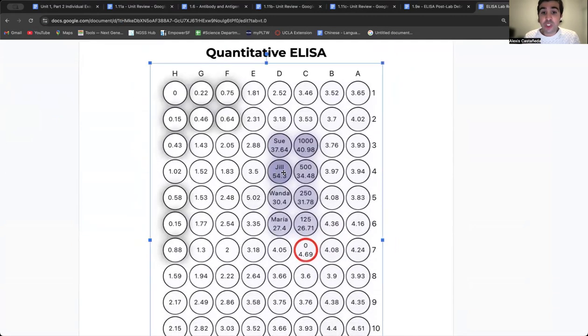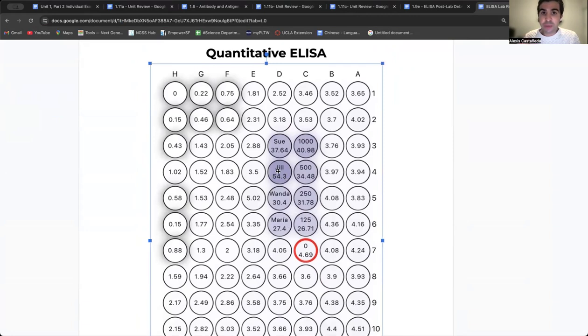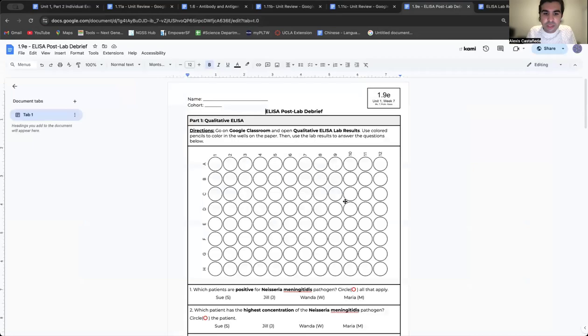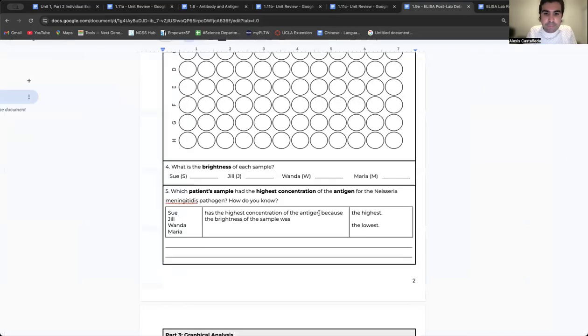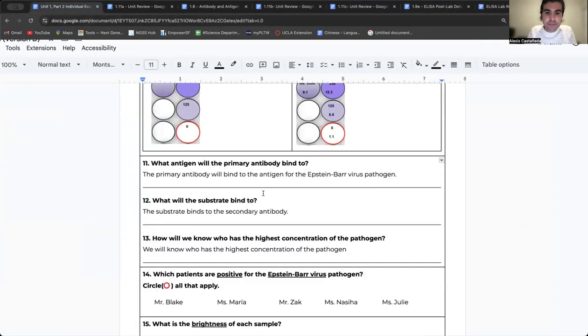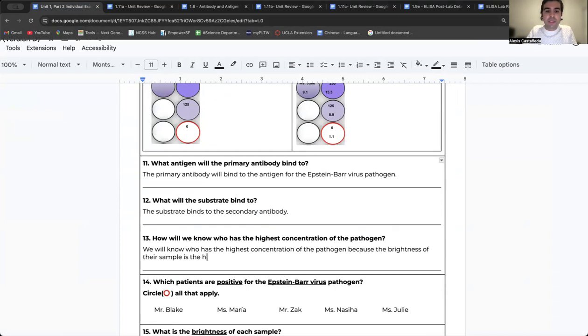We decided that was Jill, because her sample had the most color, the most brightness. So we will know who has the highest concentration of the pathogen. And actually, I think we can even look here. It says here, because the brightness of their sample is the highest.